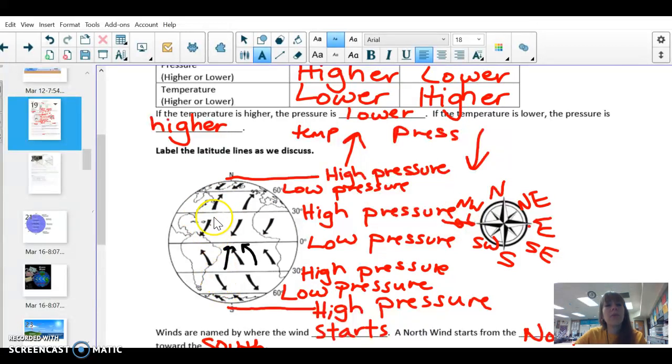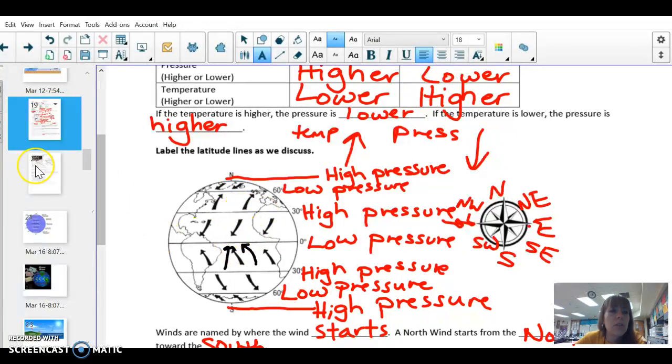And these we call the trade winds, because way back when they relied only on sails to carry the boat with the wind, they relied on this to go trade goods. Remember, from social studies, trading means an exchange of goods. So they would bring something and get something in return. So those are called the trade winds. These are called global winds because they blow across the entire globe.